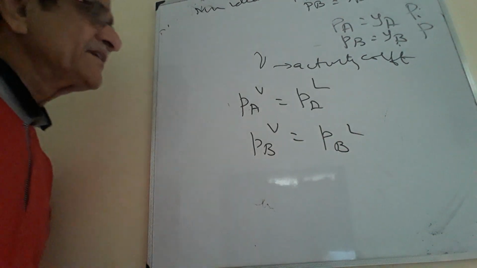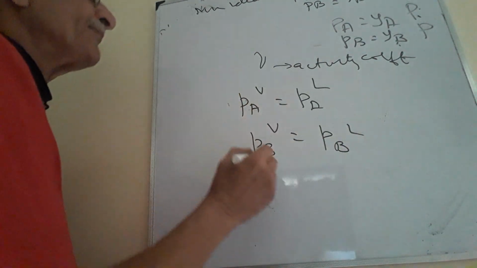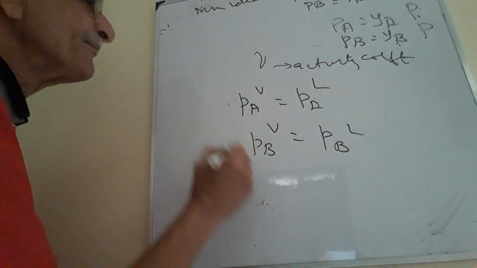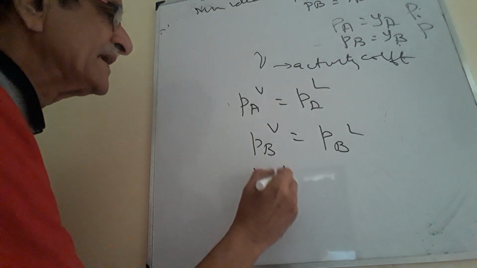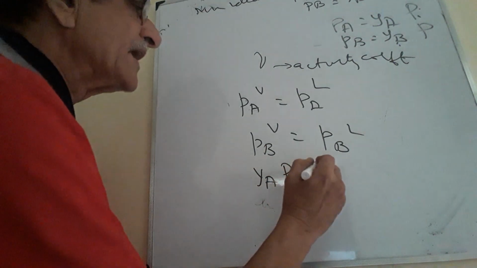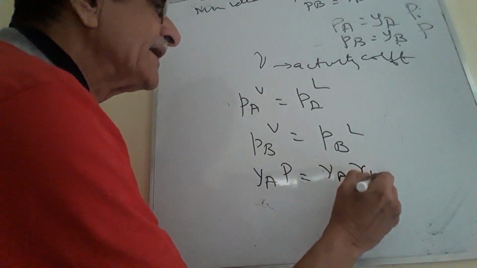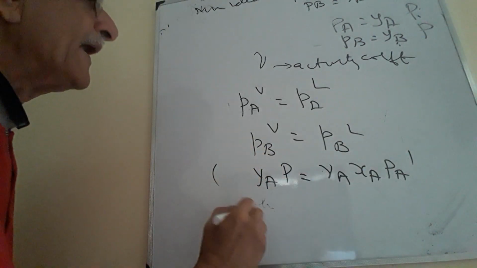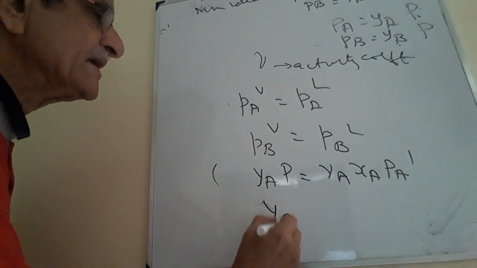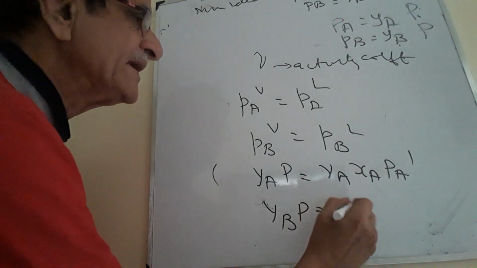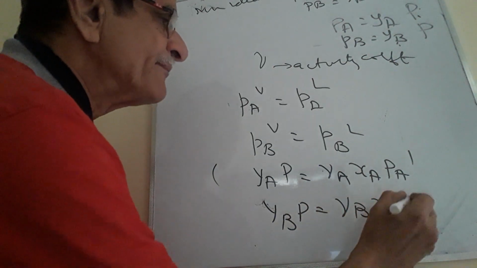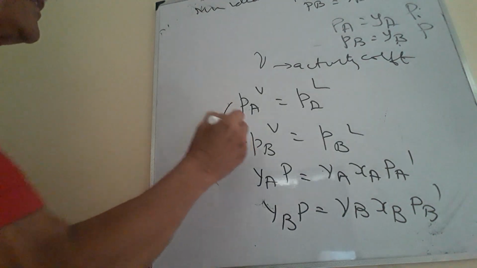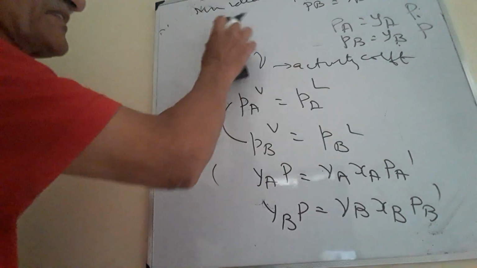Now PA in the vapor phase is YA into P, which is equal to gamma A XA PA prime. And YB into P is equal to gamma B XB into PB prime. And we have seen that at equilibrium this will be the same because fugacity and pressure are the same.